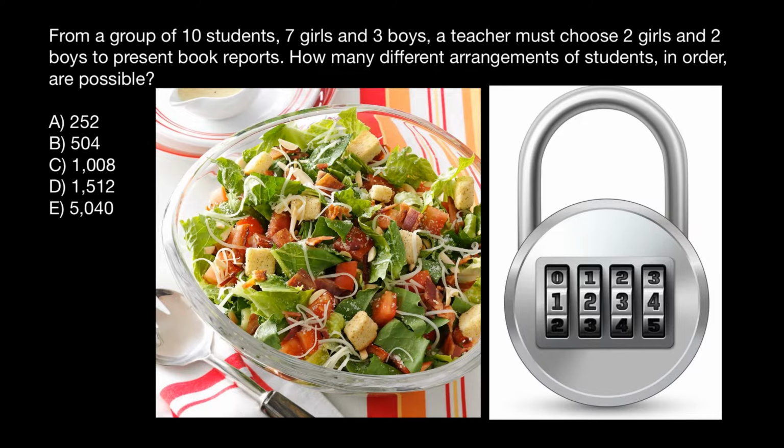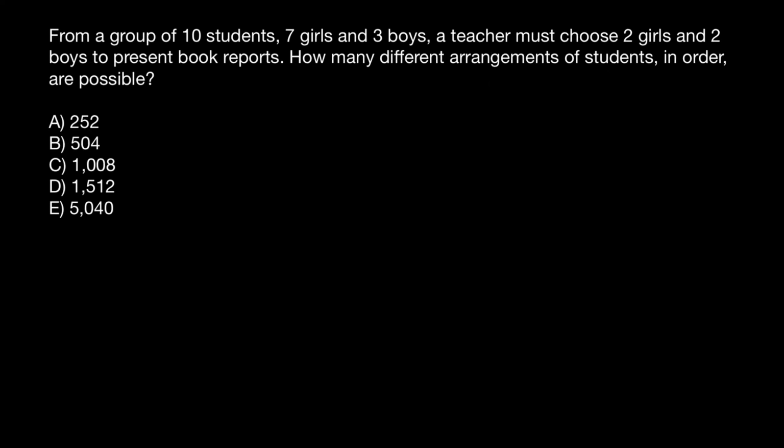You cannot open this lock if you only know that it is 1, 2, 3, and 4. You also need to know in which order these numbers go. Again, just memorize this picture: the salad represents combinations and the lock represents permutations. Now let's return to our problem.